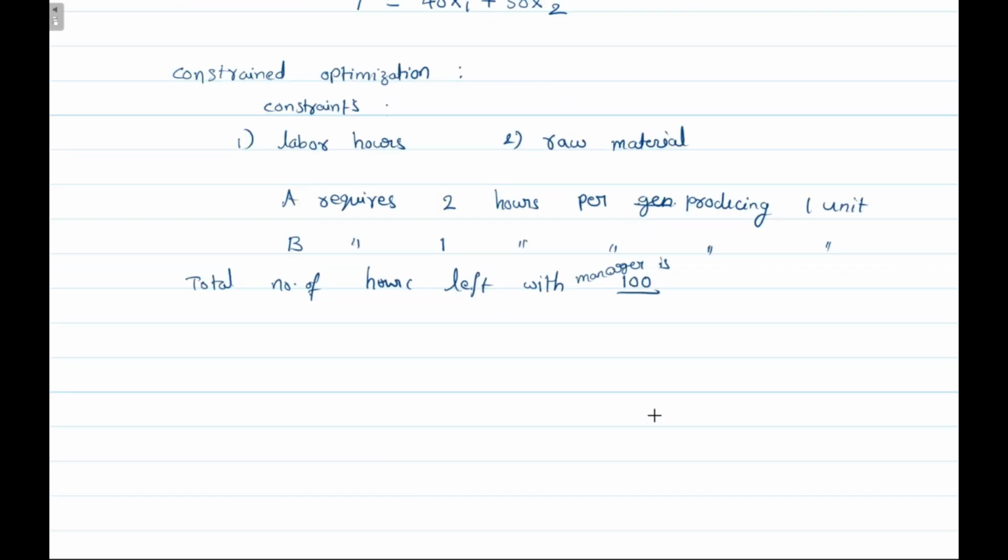Simply, 2 hours are required for product A, so we can write 2 into x1 plus, and 1 hour is required for B, so simply x2, and the total number of hours available is 100. So that is the first constraint.